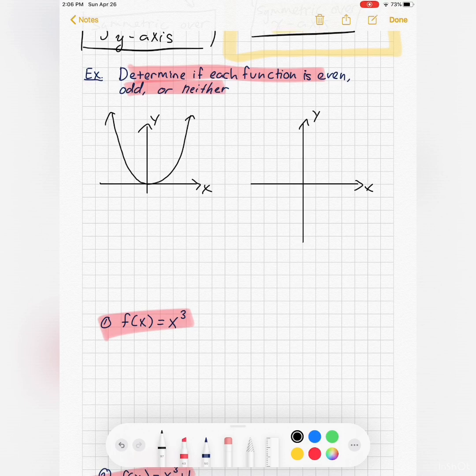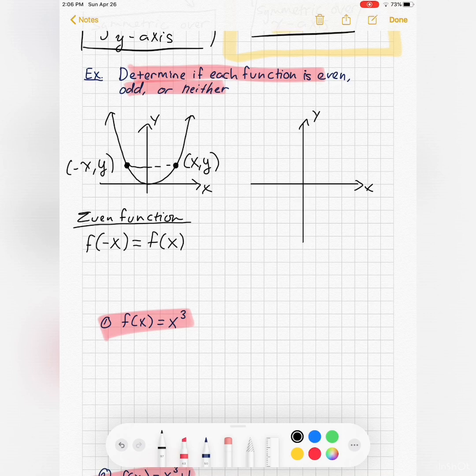If I pick a generic point x, y, because this graph is symmetric over the y-axis, the corresponding point on the left side has a negative x and a positive y. So if I plug negative x in the function, I get the same y value as if I plug positive x in the function.